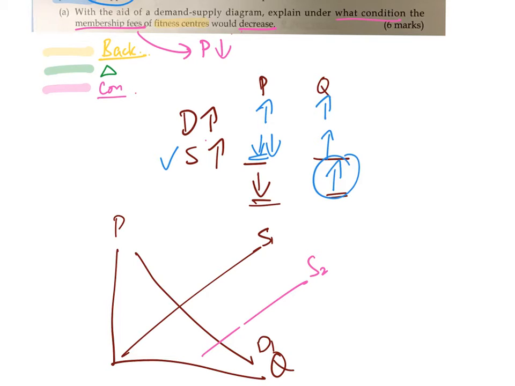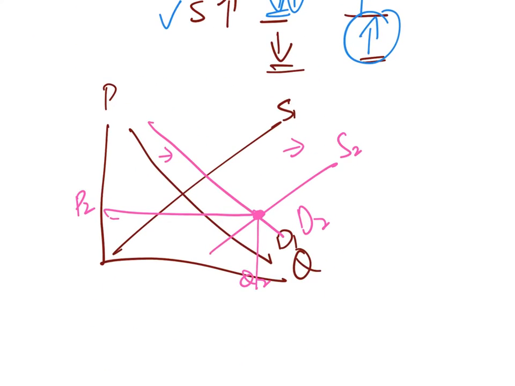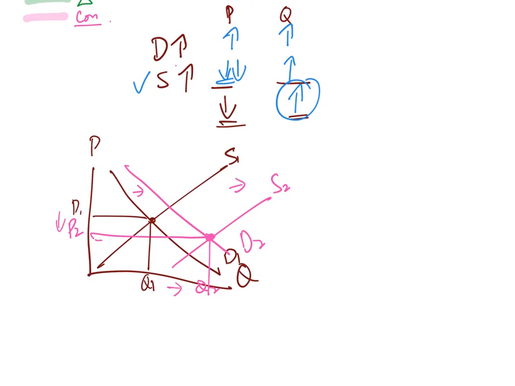Demand increases, shifting to the right, D2. Both of them shift to the right. So the new equilibrium is here, this P2, this Q2, and the original equilibrium is here, P1, Q1. So price decreases, quantity increases. So we finish the diagram.